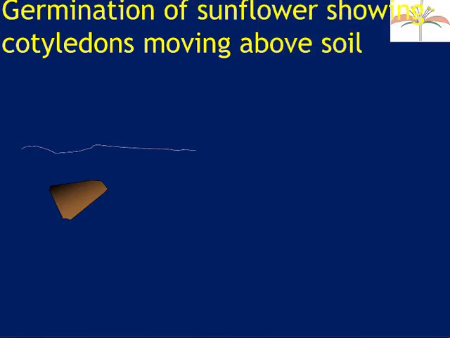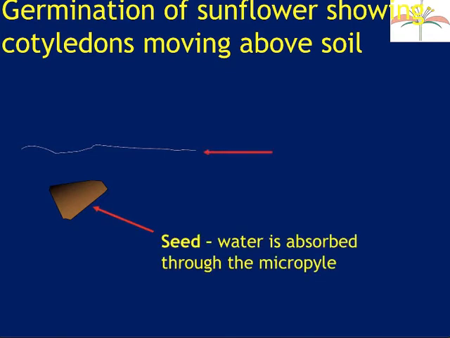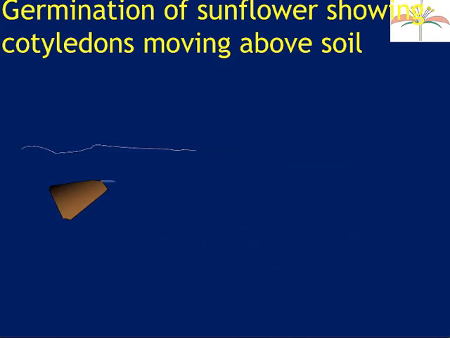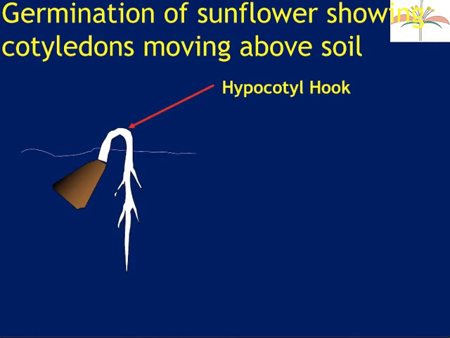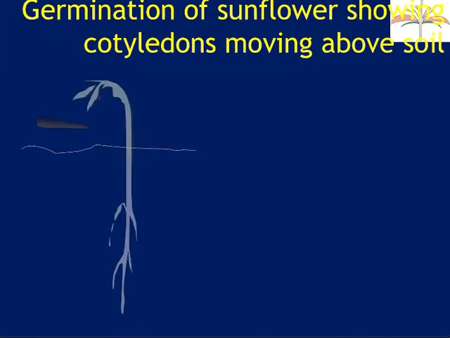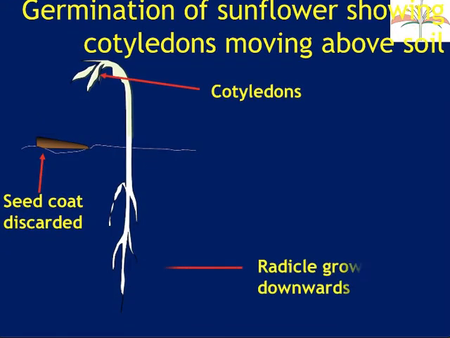Alrighty, so here is a sunflower seed, and again the water has to be absorbed through the micropyle. Your radicle is your first, so this one is kind of slightly weird, but it is the radicle that emerges first. And this time the plumule starts growing, so it's not two separate things. It is more like one thing. So while the radicle goes down first, the top of the radicle, which is the plumule in reality, actually starts to grow up through the soil.